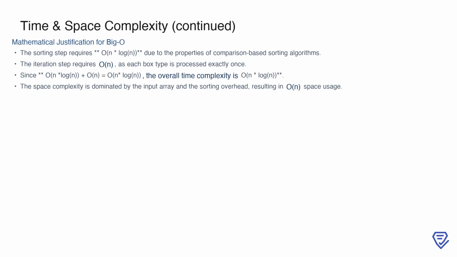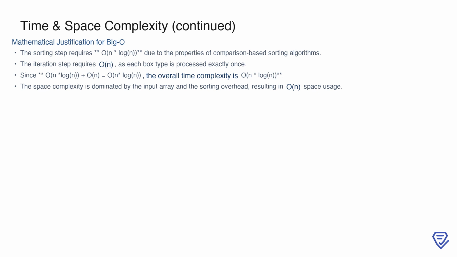Finally, let's mathematically justify the big O complexity of the solution. The sorting step is O(n*log n), which is the standard complexity for comparison-based sorting algorithms. The iteration step, where each box type is processed exactly once, is O(n). When we combine these 2 steps, we add their complexities, O(n*log n) plus O(n).